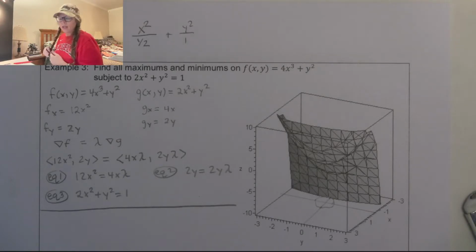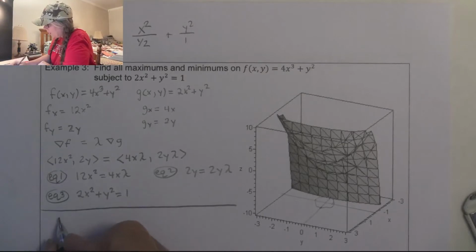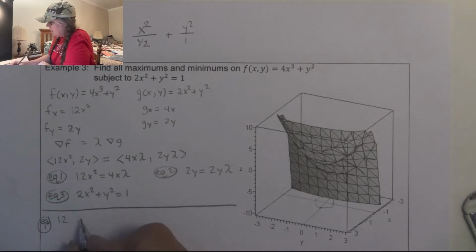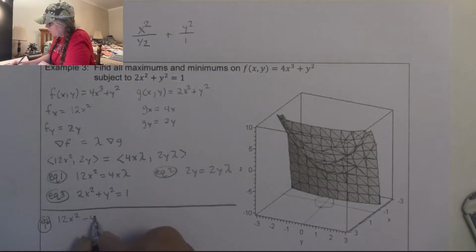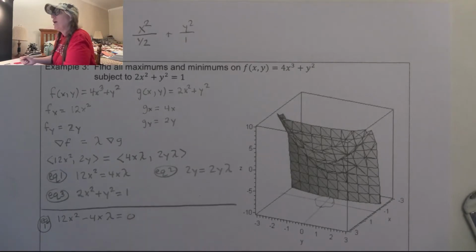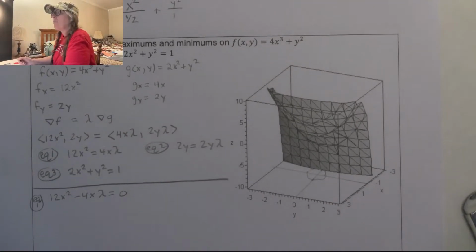And so the idea: I look at that and I realize, ooh, do you realize too, equation 1 only has x in it. And that's like, oh my gosh, how lucky is that? And so equation 1: 12x squared minus 4x lambda equals 0. And I can solve that equation by factoring.